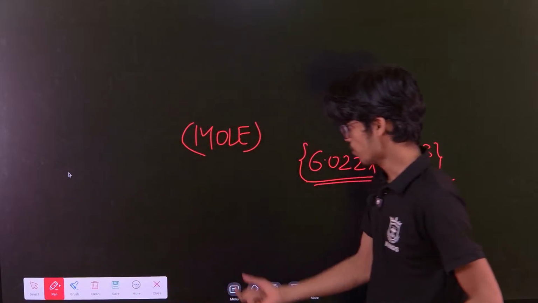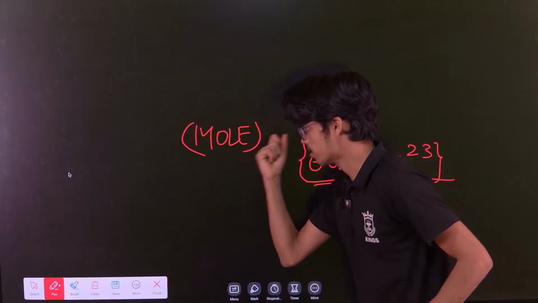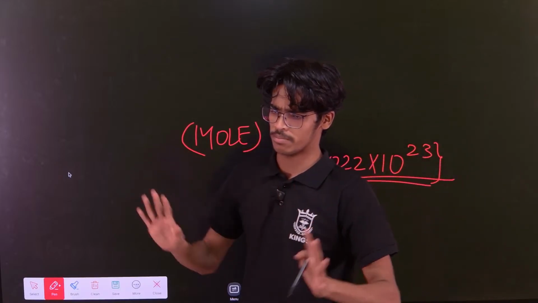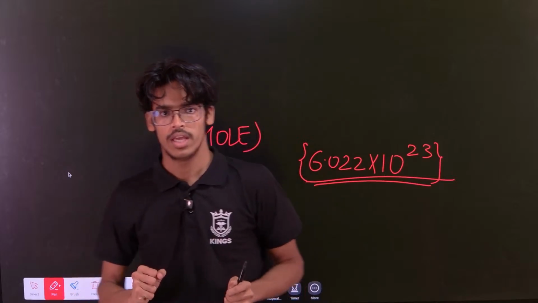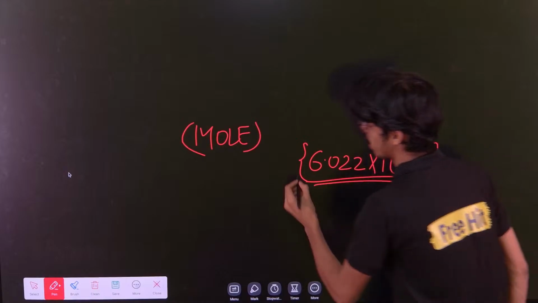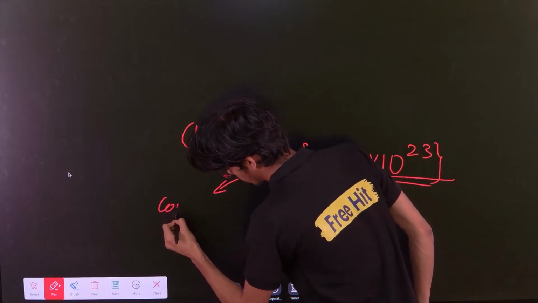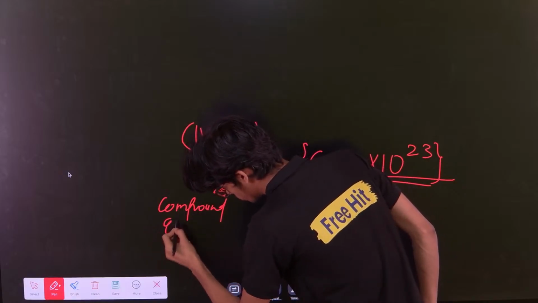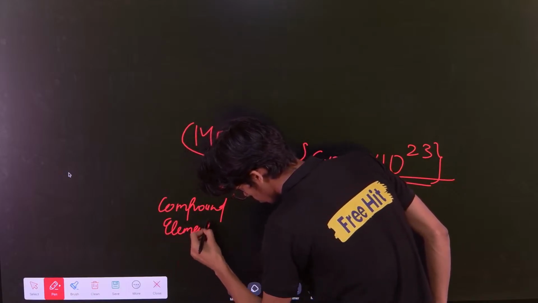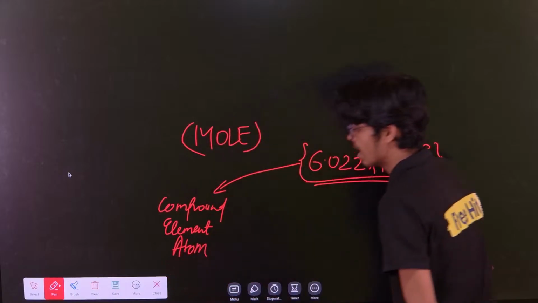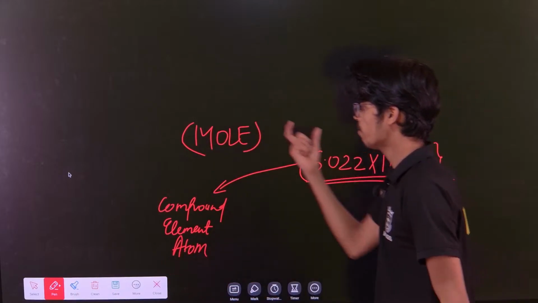Now first of all, let's get clear with the definition of this mole. What is a mole? See, you have thousands and millions of particles. Now if you pick this much number of particles of any compound, any element, any atom, then it is called 1 mole.